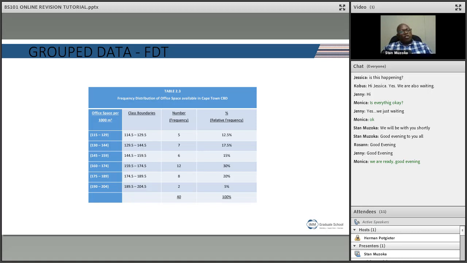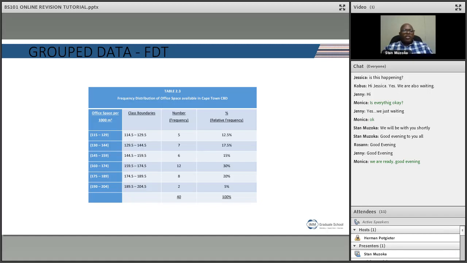However, that must not be confused with the frequency. The frequency is then the occurrence of office space that is within that bin or that class or that category. So therefore, that is grouped data.